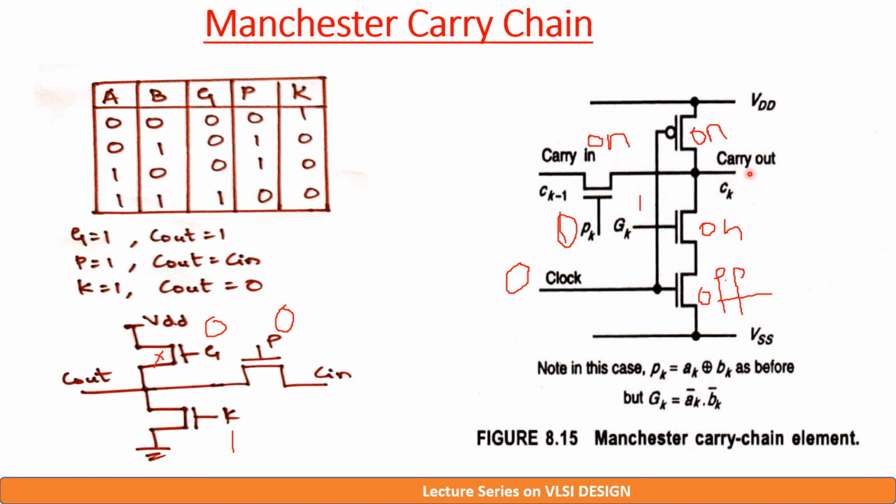Therefore carry output is neither connected to VDD nor ground, nor is it connected to Cin. So in such a case it retains the output of the previous phase, or the output remains charged to VDD.